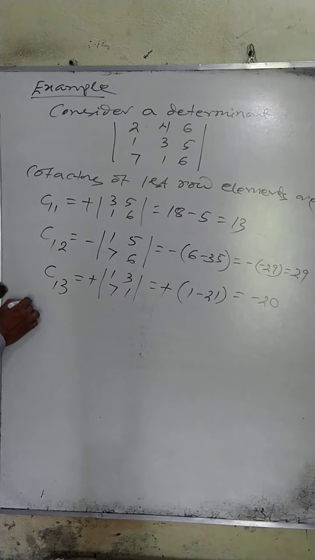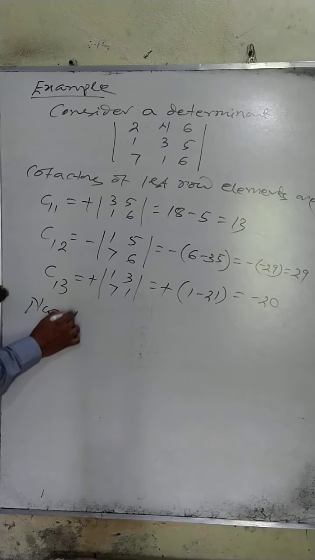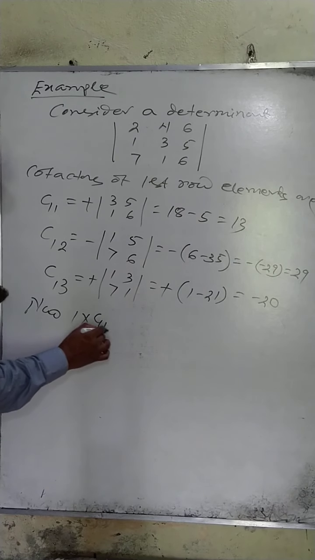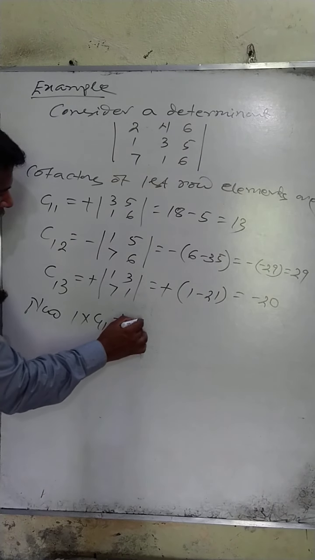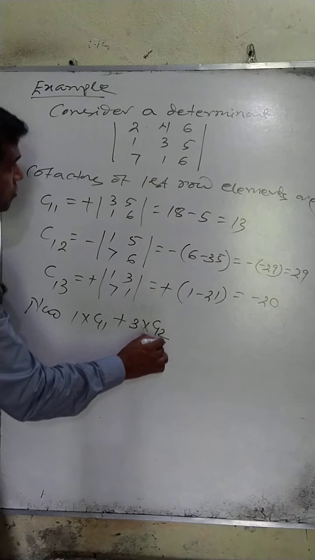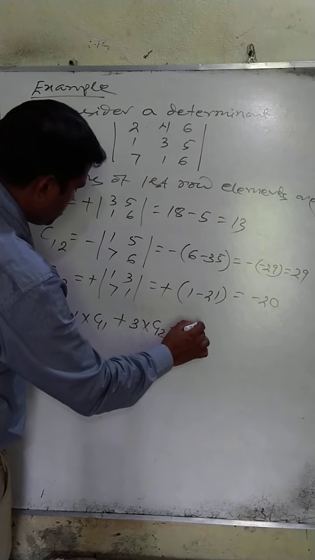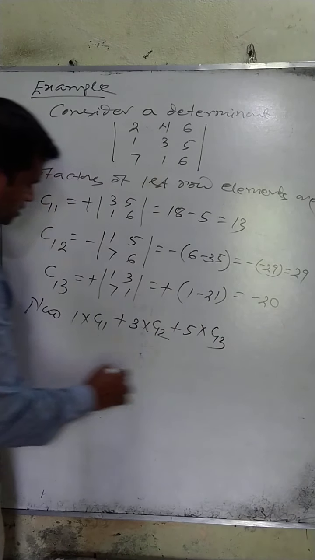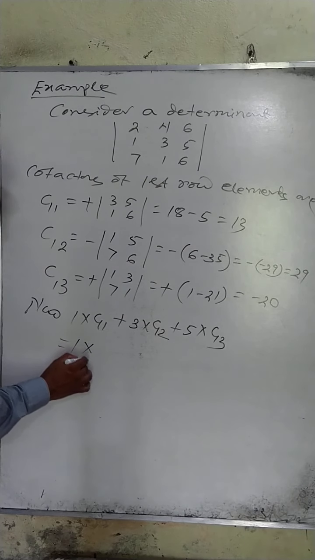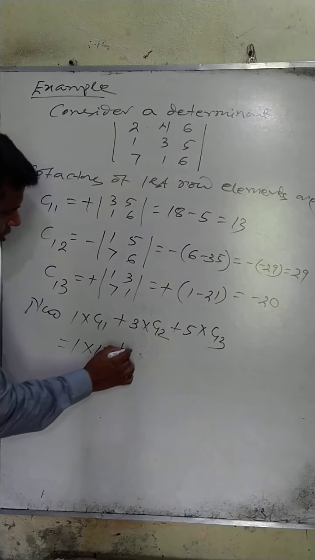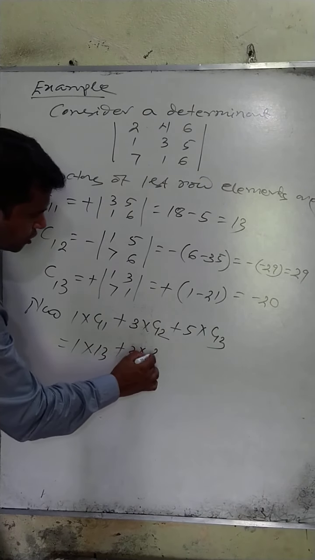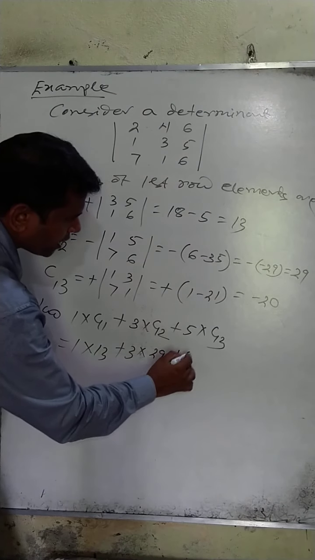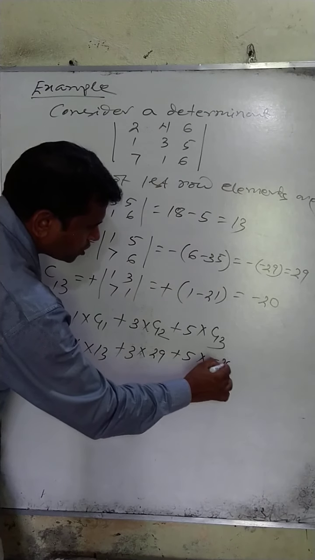Okay, now 1 into C11 plus 3 into C12 plus 5 into C13 equals 1 into 13 plus 3 into 29 plus 5 into minus 20.